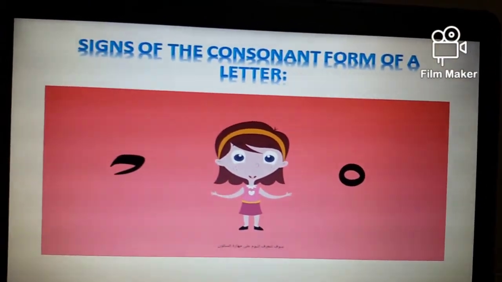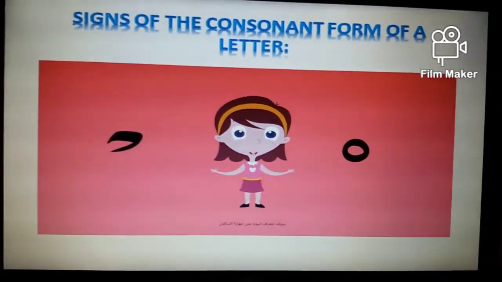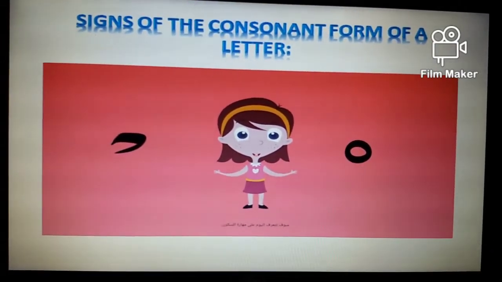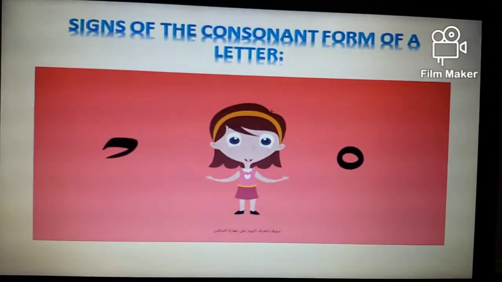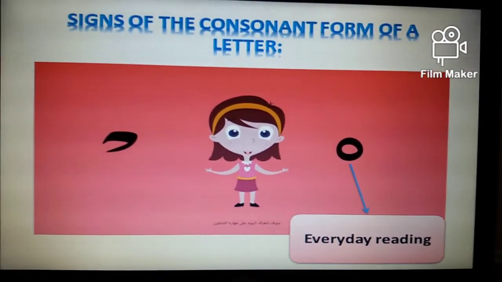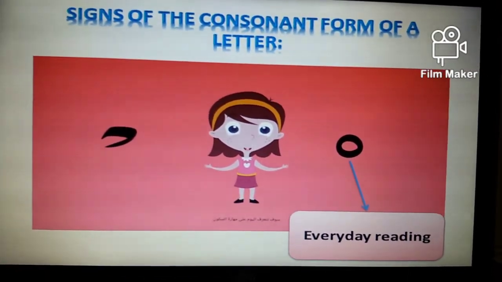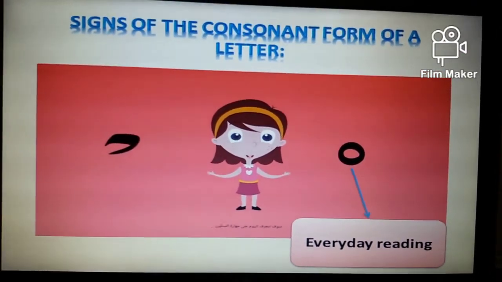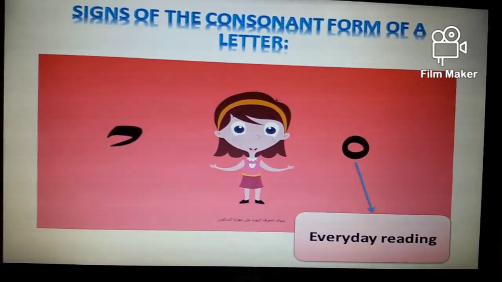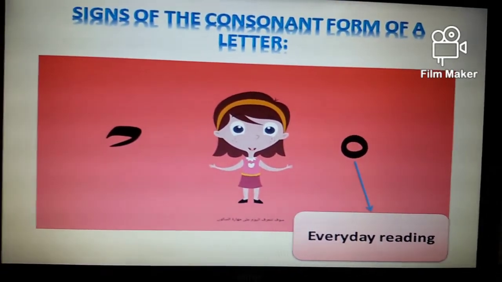So let's see how the Sukoon looks. The signs of the consonant form are these two signs. The first one is the small circle, and that small circle is found in everyday reading, okay? When you read an article or something, you can see the letter with that small circle on it.